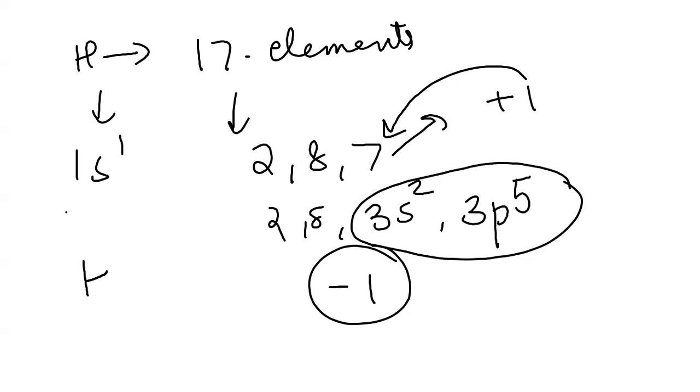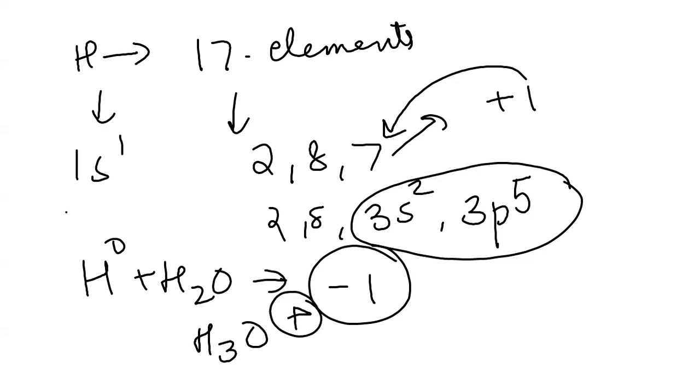It will always combine with other molecules, and here it will form the hydronium ion. So always H plus combines. Because hydrogen has only a proton, since it has one proton only, it is placed above group one.